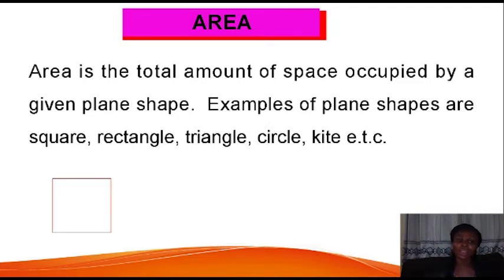The 4 lines serve as the boundary, protecting the square from other space outside. The space inside this boundary is referred to as the area. The space which this square takes is the area of the square.